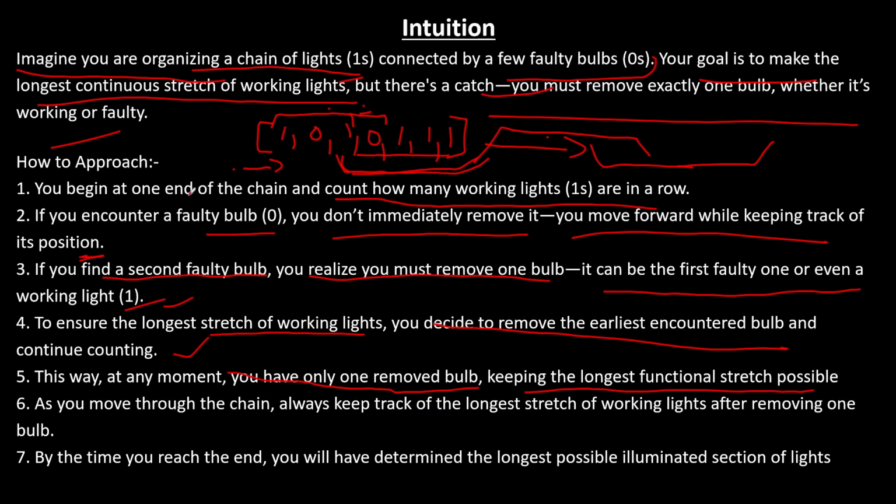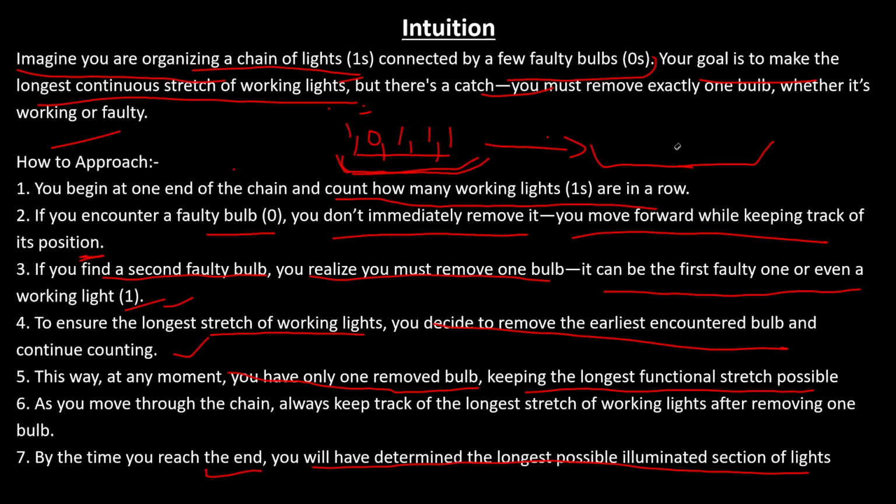So by taking the help of sliding window, by the time we reach the end, we will have determined the longest possible illuminated section of lights. Got it? So the technique here which we are using from the intuition, I hope you understood. We are trying to make a sliding window technique, right?